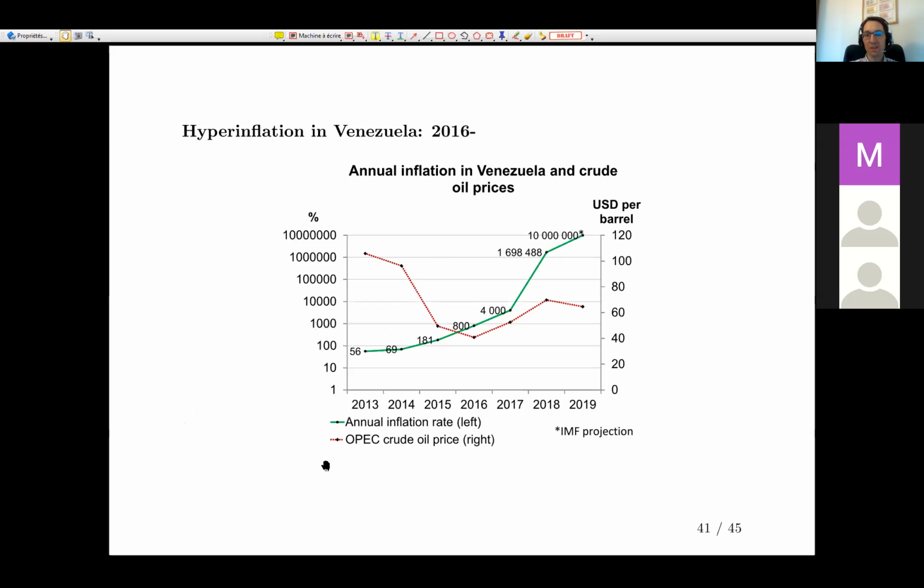Okay, so I just want to show quickly what's happening in Venezuela. Things are quite bad. What happened? They relied a lot on oil.